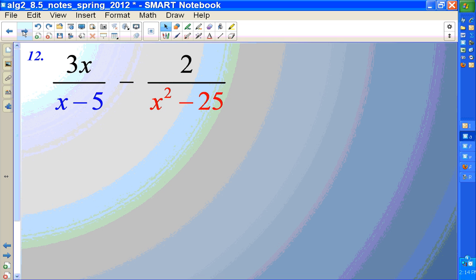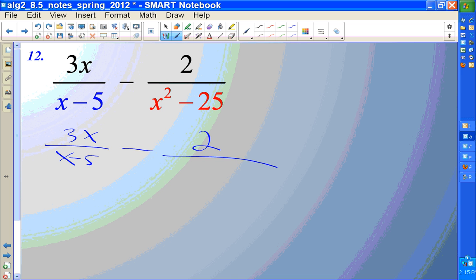So let me show you what I'm talking about here. This is 3x over x minus 5 on the left, minus 2 over, what will that become? Difference of 2 squares, x plus 5, x minus 5. Okay? So no different yet. Everything's good.